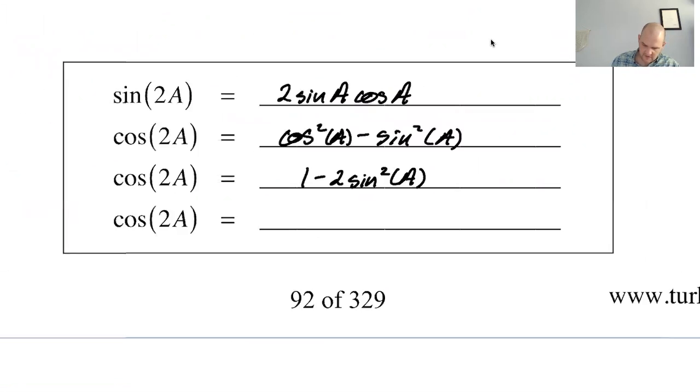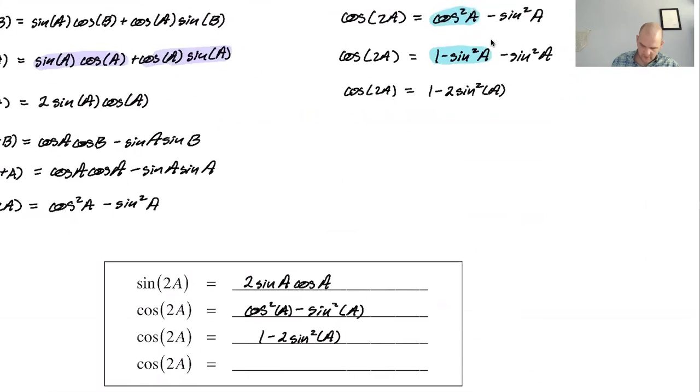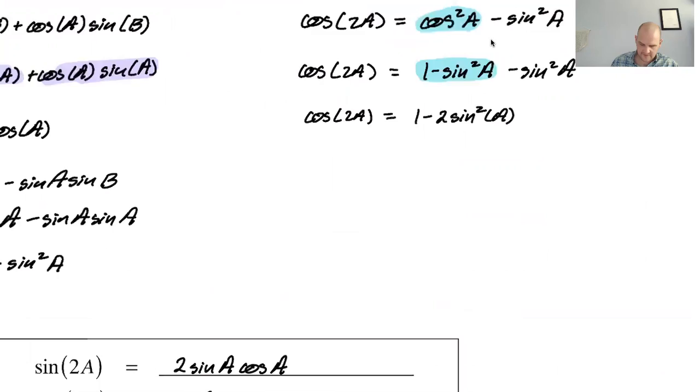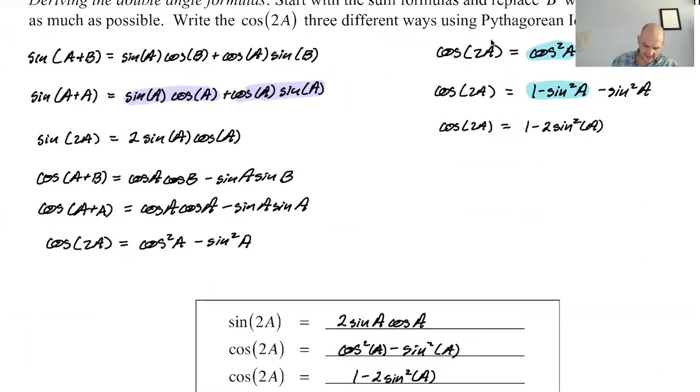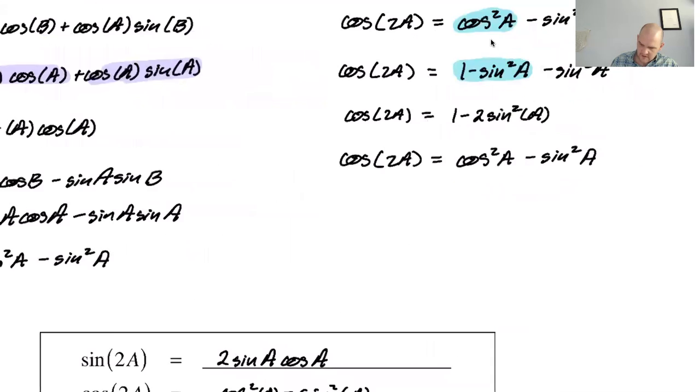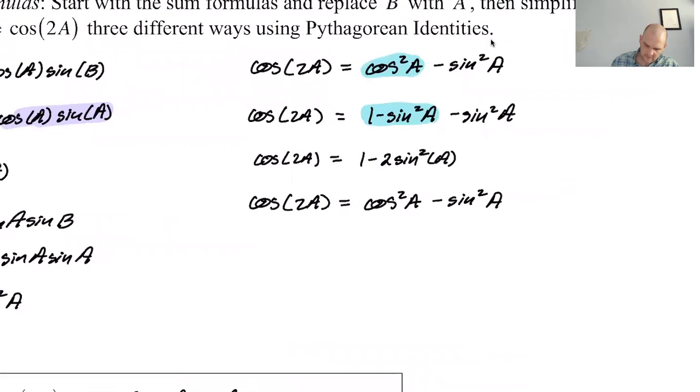This formula will become more important as you learn more and more calculus. Then I'm going to duplicate it again, and you can probably guess what I'm going to do. I'm going to replace the other one. Sine squared is 1 minus cosine squared.